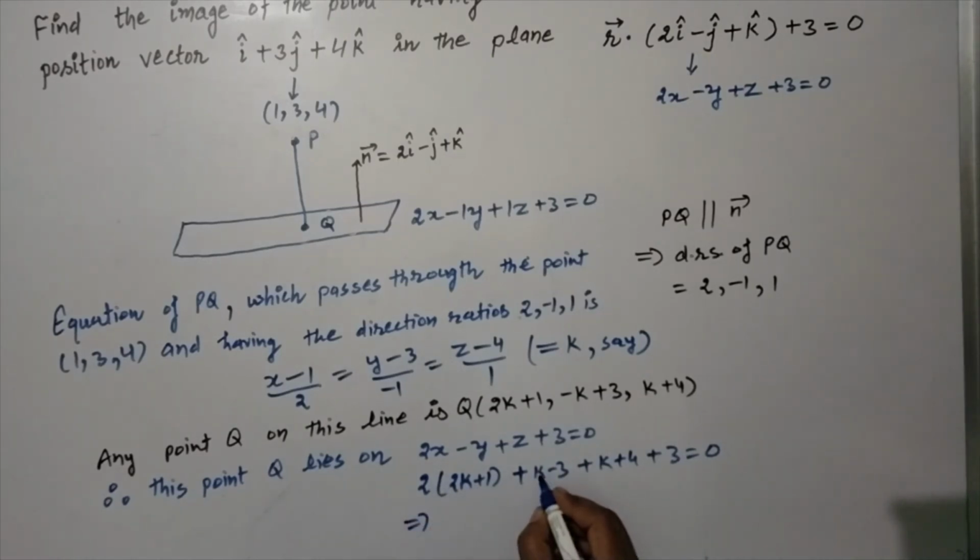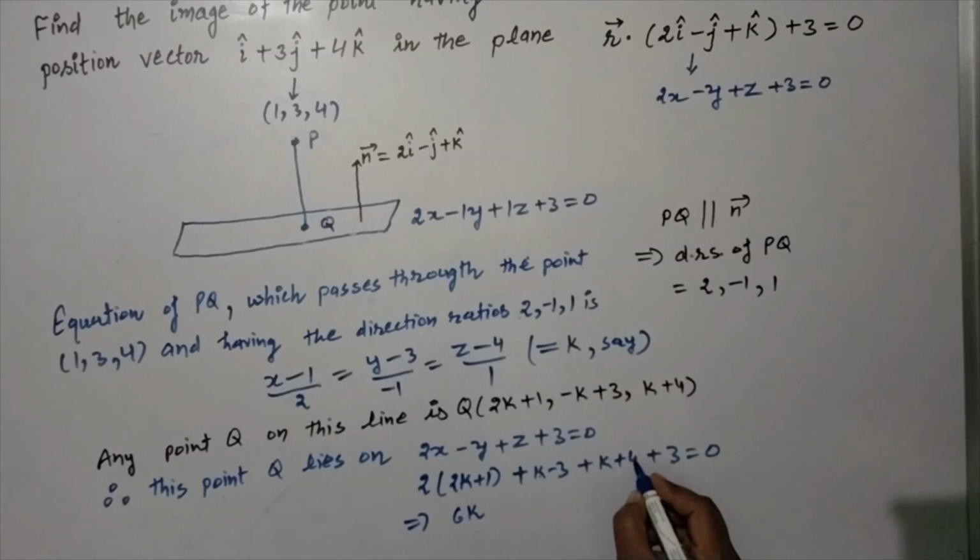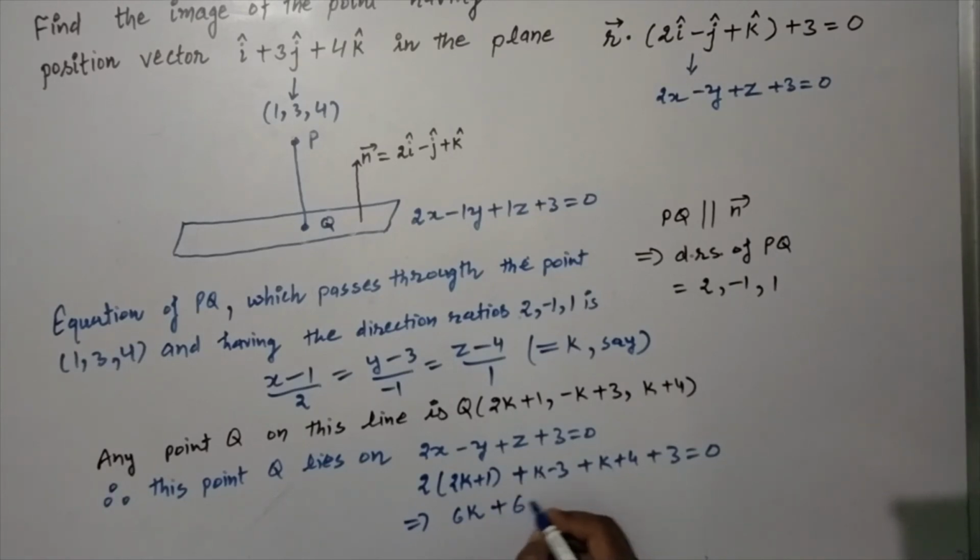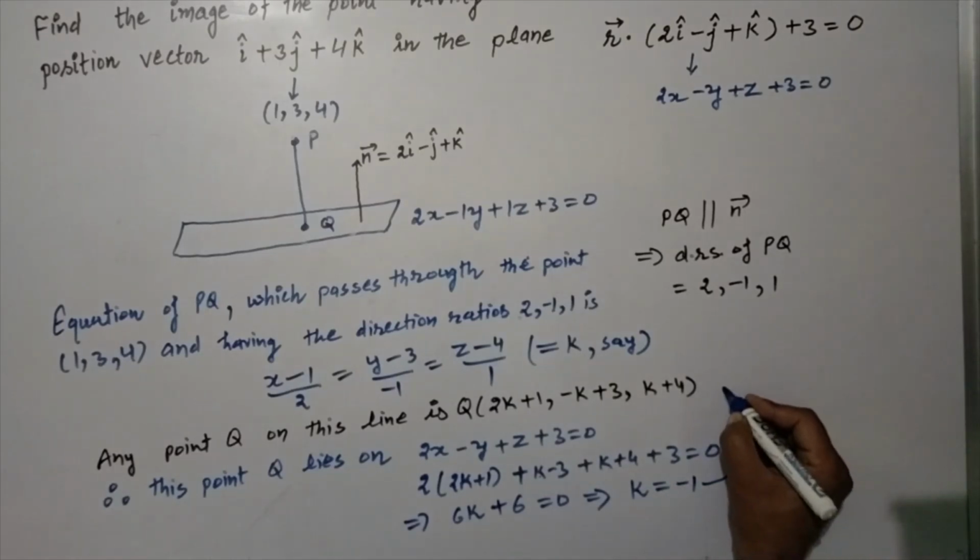So from here, 4k plus k plus k is 6k, and 2 minus 3 plus 4 plus 3 is 6, so 6k plus 6 equals 0. This gives us the value of k as minus 1.